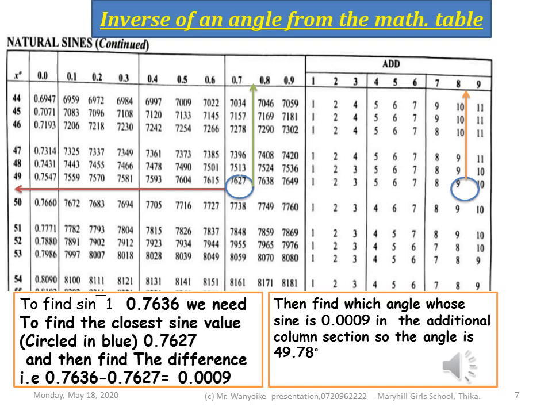Now, for us to get the angle whose sine is 0.7636, we need to say the sine inverse of 0.7636 will give us the angle, say, x. Now, this angle x, for us to get it from mathematical table, we need to go to the tables of natural sine as shown in the diagram.